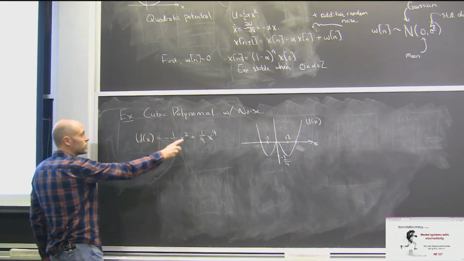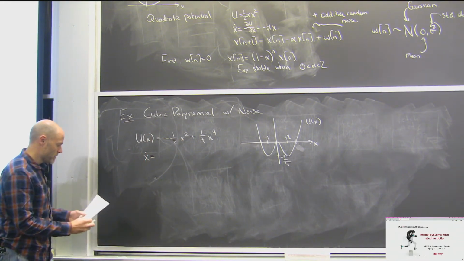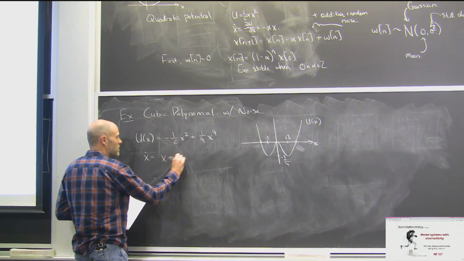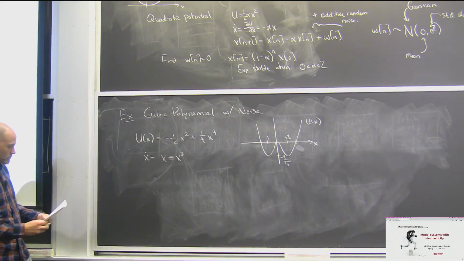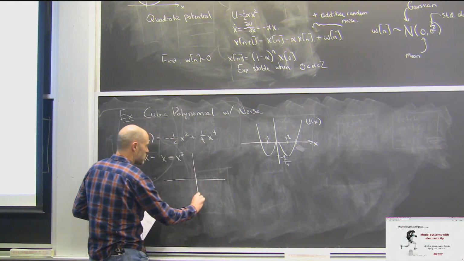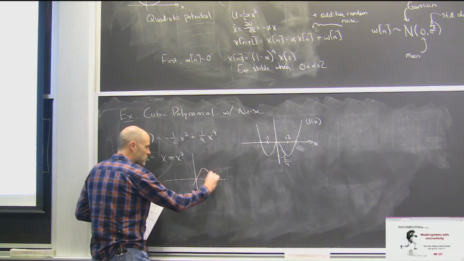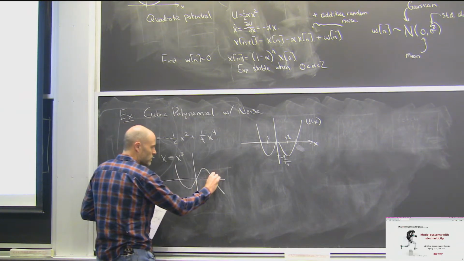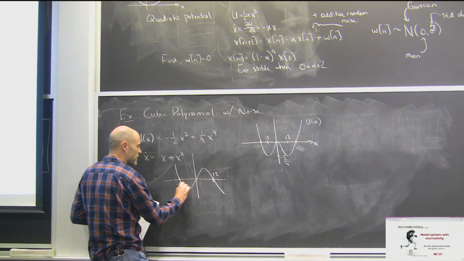So if you take the derivative of this, this is just another way to spell the dynamics we've talked about before. In this case, it is the version that is positive around the origin and then goes down, goes up, where this one is positive 1, negative 1.